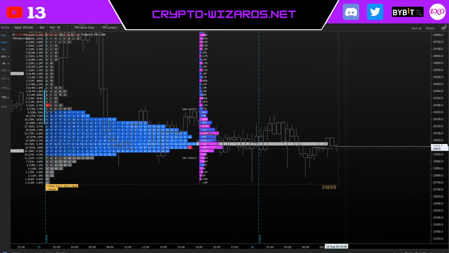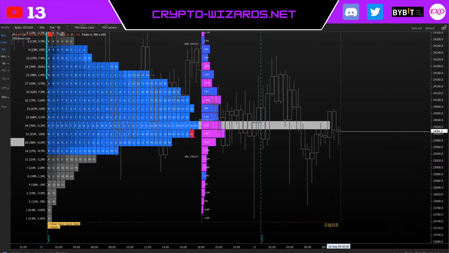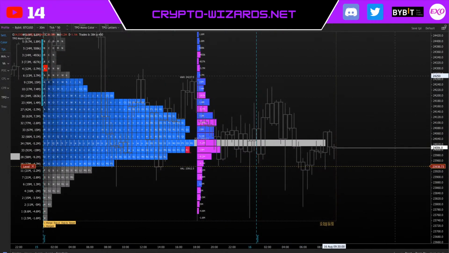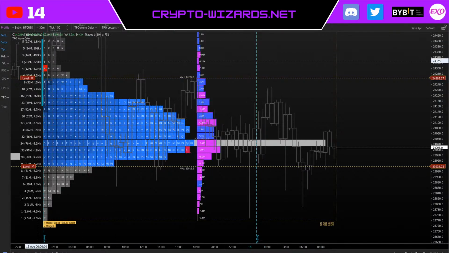I'm thinking I'm gonna be more aggressive on this one, and I'm gonna start shorting once we break through this value area low of the TPO here, the TPO profile. Let me do one thing.